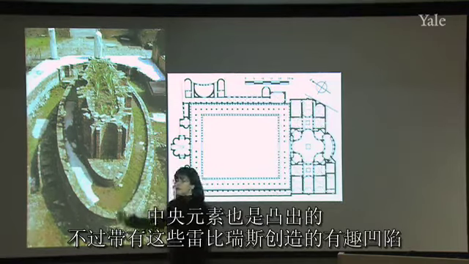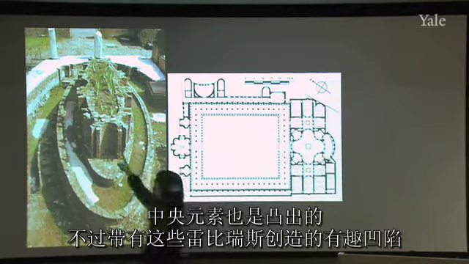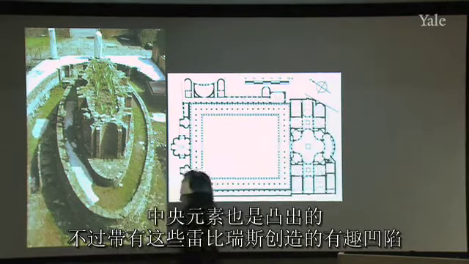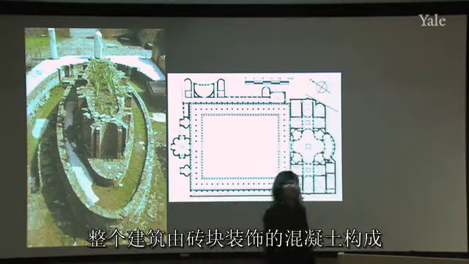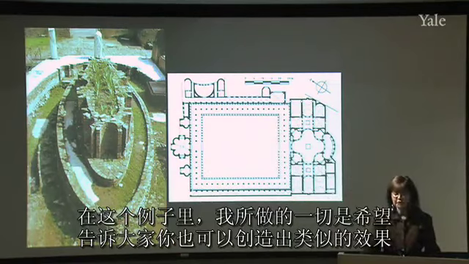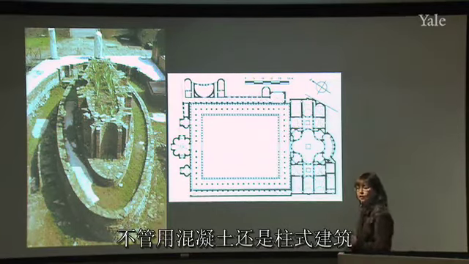The central element is also convex, but with these interesting concavities, scallops, that Rabirius has created through concrete faced with brick around the structure. So all I'm trying to do here is show you that you can create similar effects either in concrete or through columnar architecture.